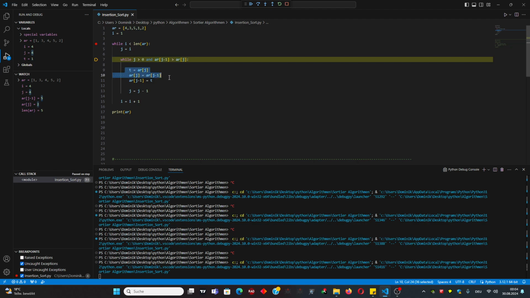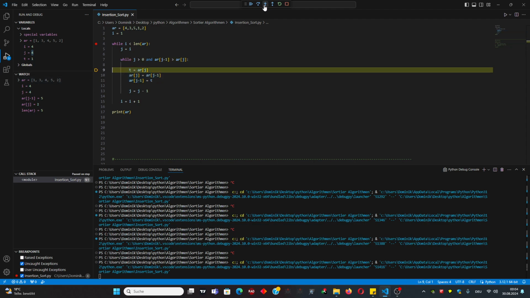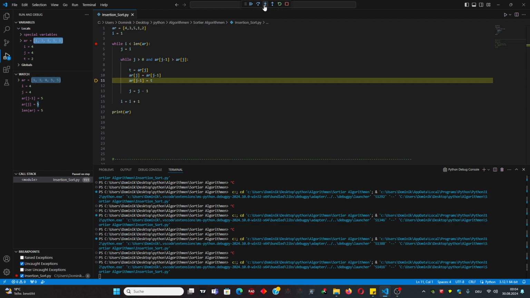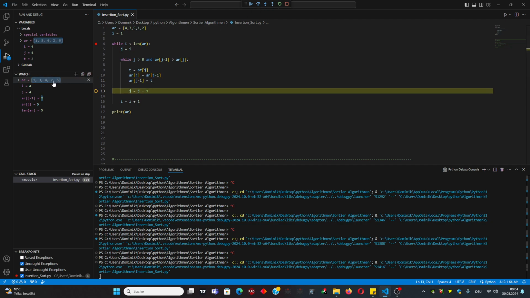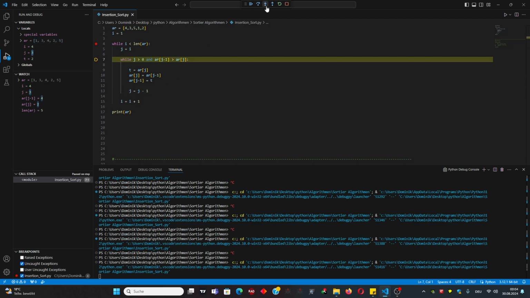That means we will jump into this block and swap the 5 with the 2. Okay, the values are swapped. J gets decreased by 1. And we check again. J is higher than 0.